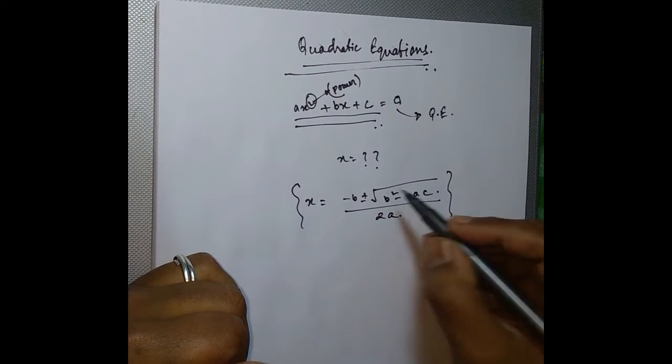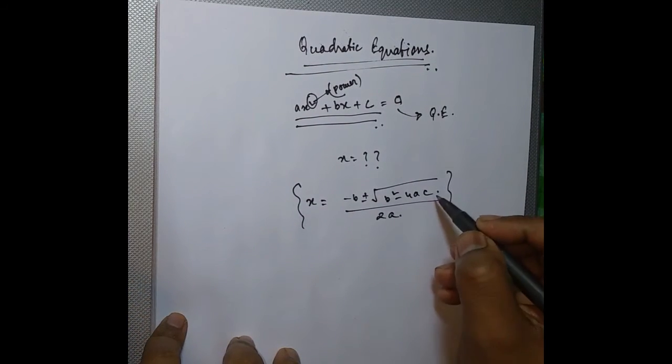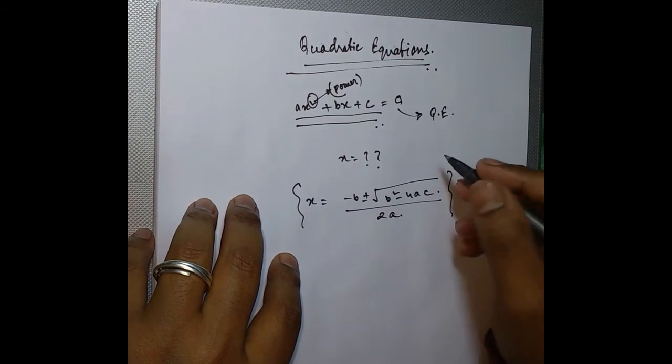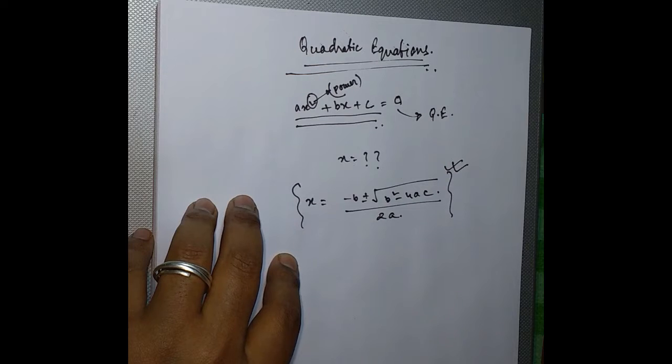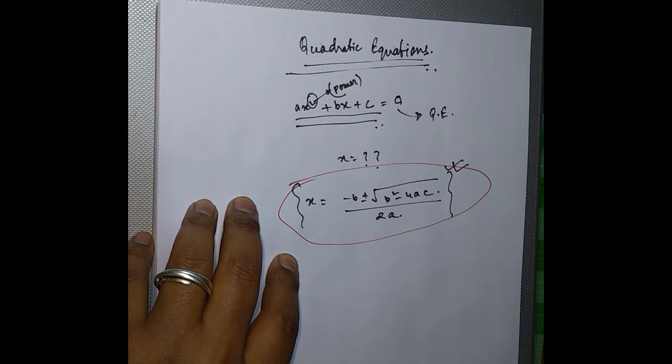Here there are two roots because there is plus minus, so one is minus b plus this one and one is minus b minus this one by 2a. Okay, this is a very important topic and I will highlight it with a red color mark.